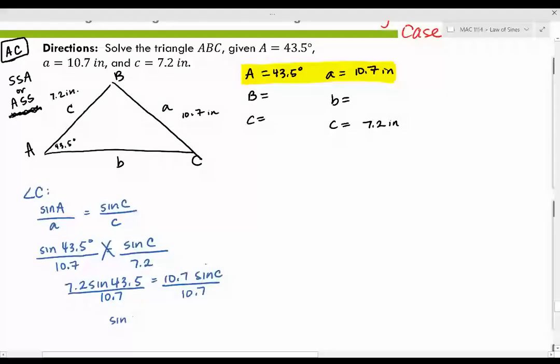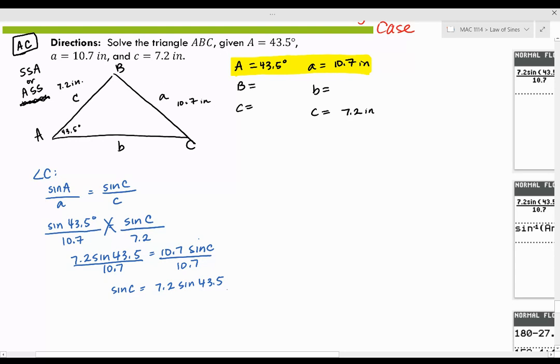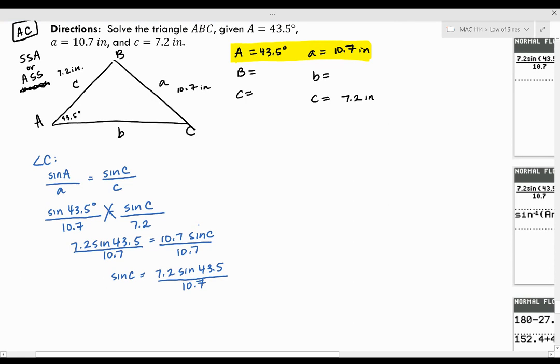So sine C equals 7.2 sine 43.5 divided by 10.7. I'm solving for C, so the only way to get C out of that trig function is to use the inverse.